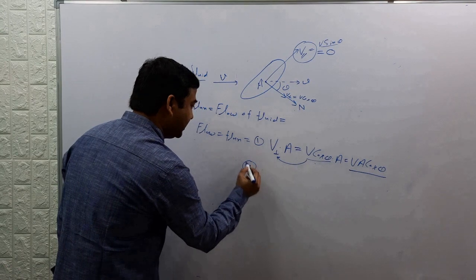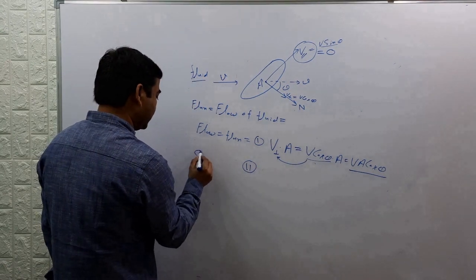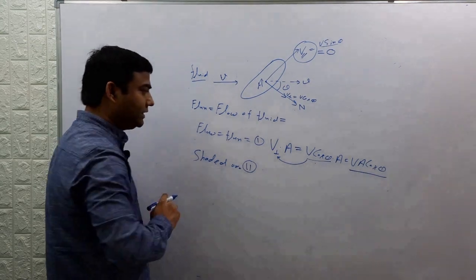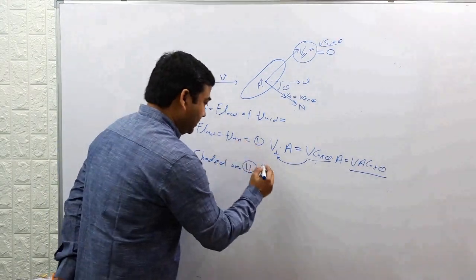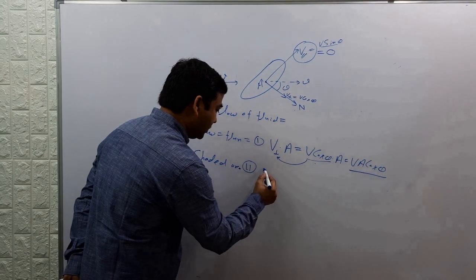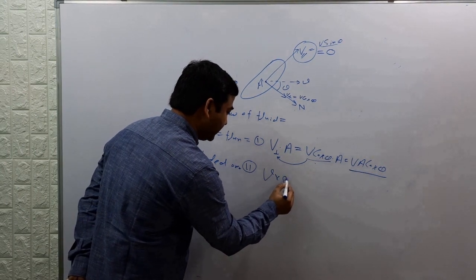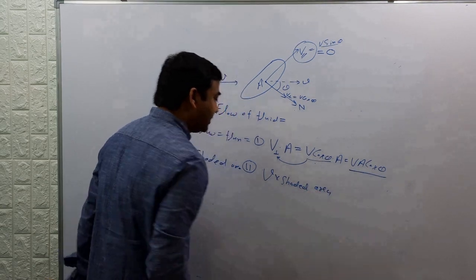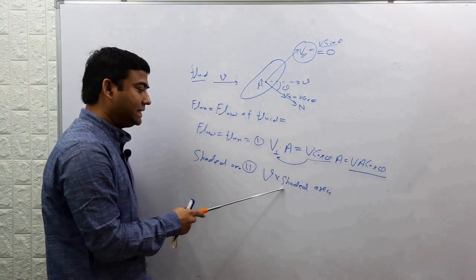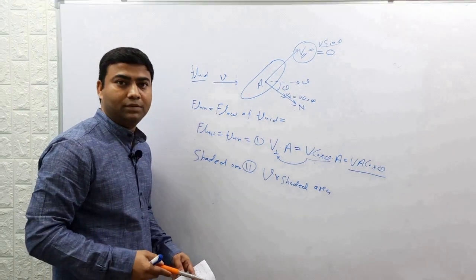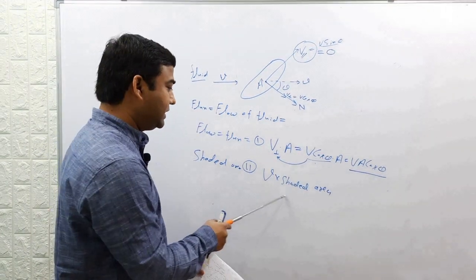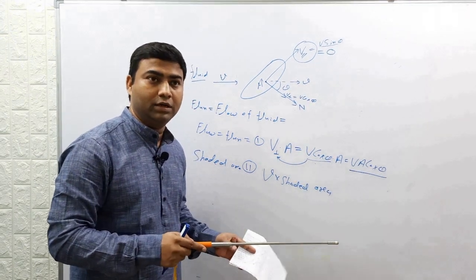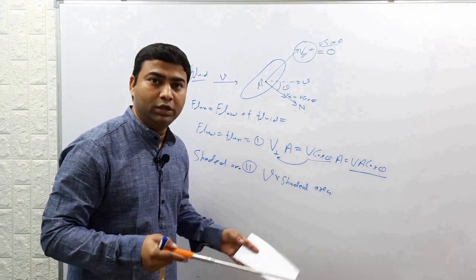The second method is the shaded area method. Flux is equal to velocity into shaded area. This shaded area is the same for any shape. Again, I will repeat it: the shaded area doesn't depend on shape, whether rectangular, circular, triangular, hexagonal or any polygon.